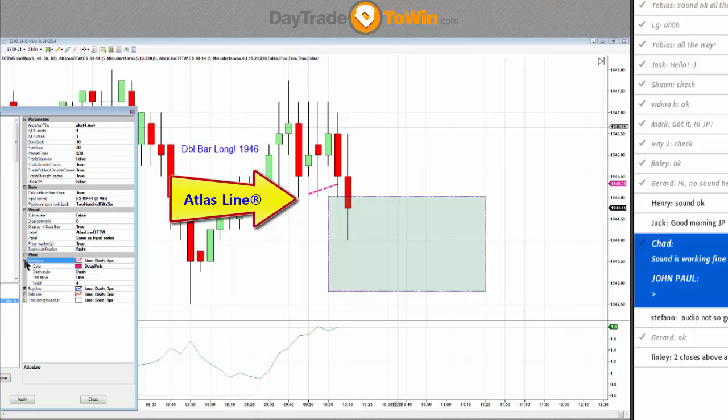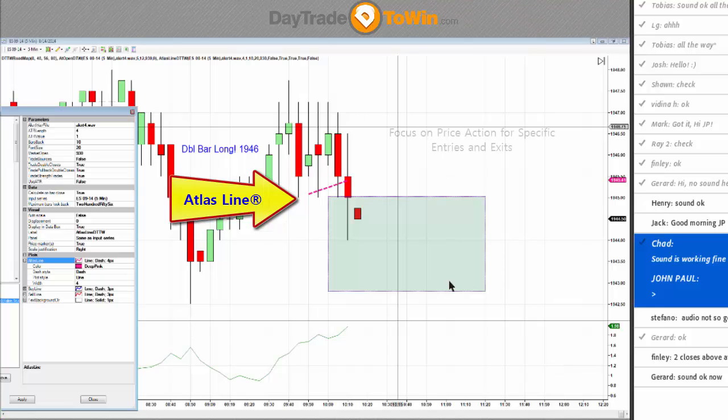I have it outlined as a pink. So if price is trading above the Atlas line, you want to focus on longs. If price is trading below the Atlas line, you want to focus on shorts. So it's very simple when it comes to that mindset.